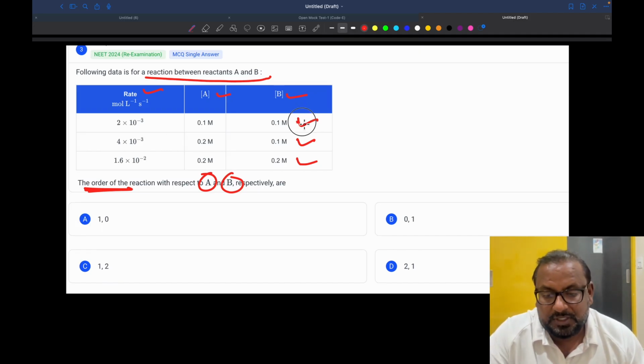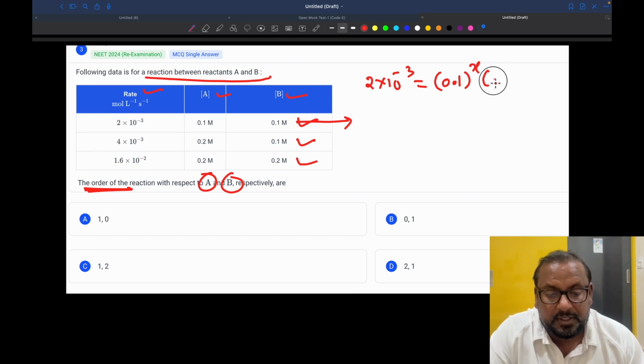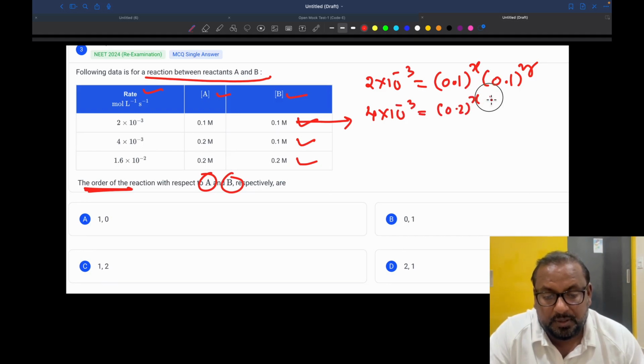First I'll write the rate equation for the first case: 2 into 10 power minus 3 equals 0.1 power x, taking the order as x, times 0.1 power y with respect to B. The second experiment: 4 times 10 power minus 3 equals 0.2 to the power x into 0.1 to the power y.